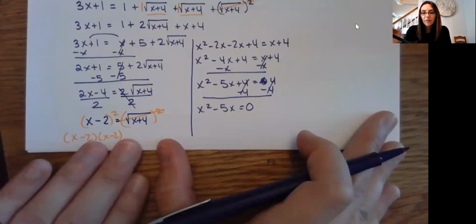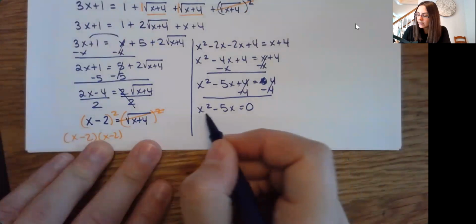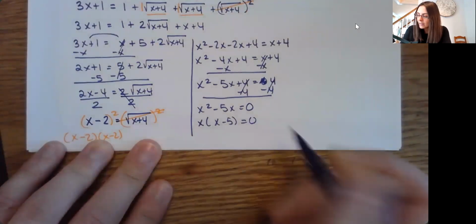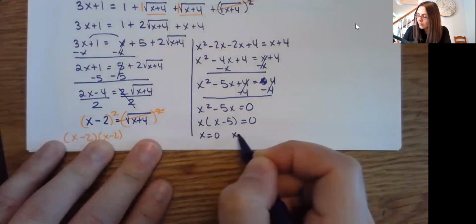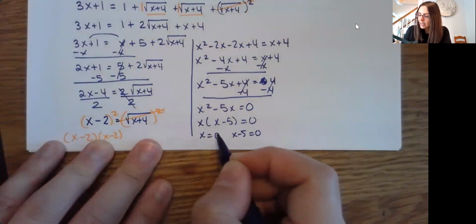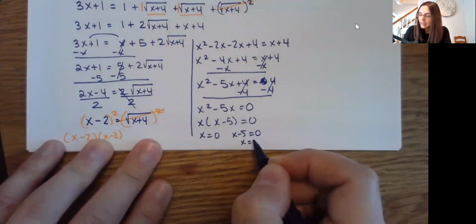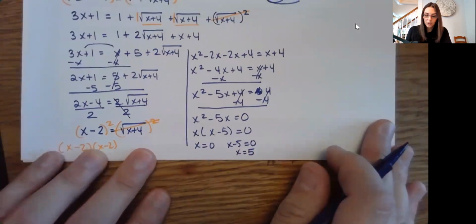I see that I can go ahead and factor this. So I can take an x out first. I'm left with x minus 5 equals 0. And then I set each factor equal to 0. So here I have x equals 0 as one solution. And then here when I add 5 to both sides, I get x equals 5 as my other solution.